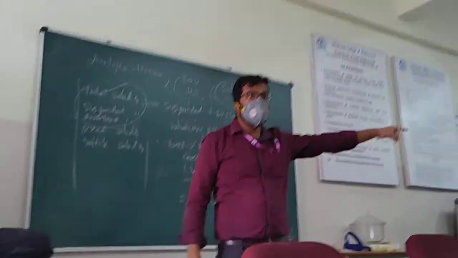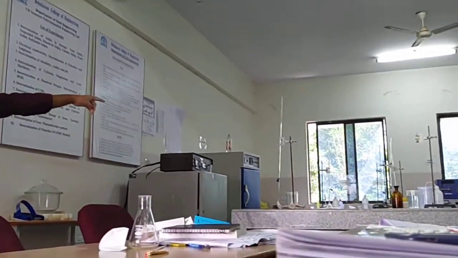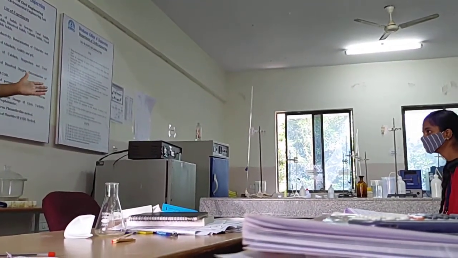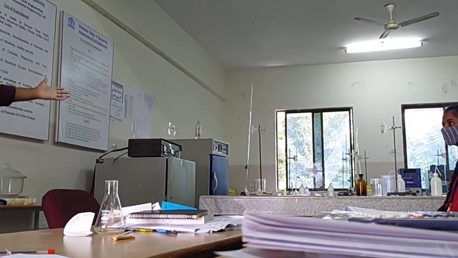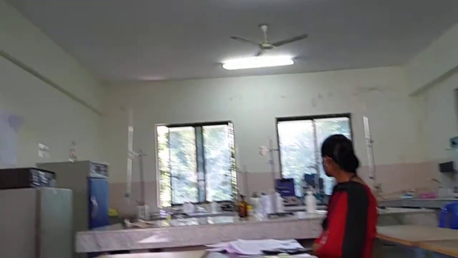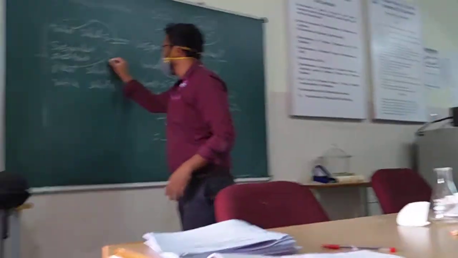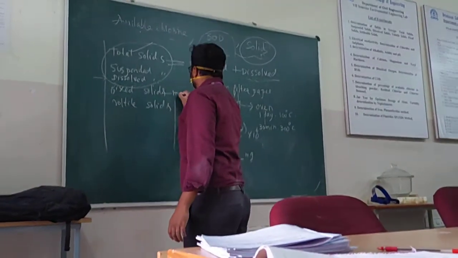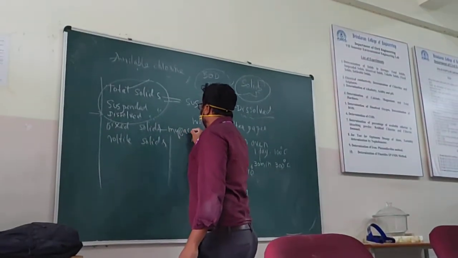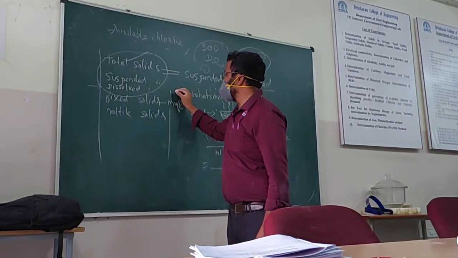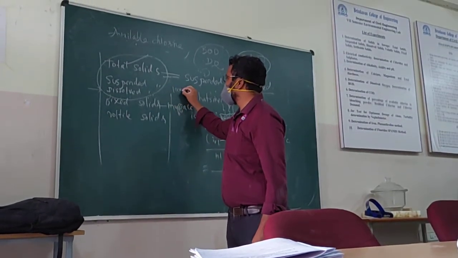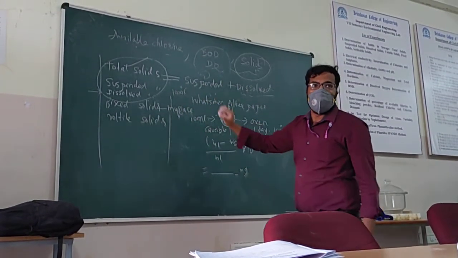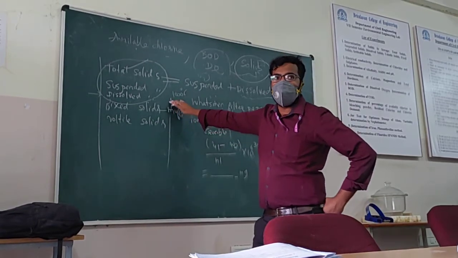After that, what we got here, we will keep it in one more instrument called a muffle furnace. You see the blue color one, that's called a muffle furnace. We will put it there, as we can heat up to 1000 degrees there. Okay. So here also we will keep it for some minutes.